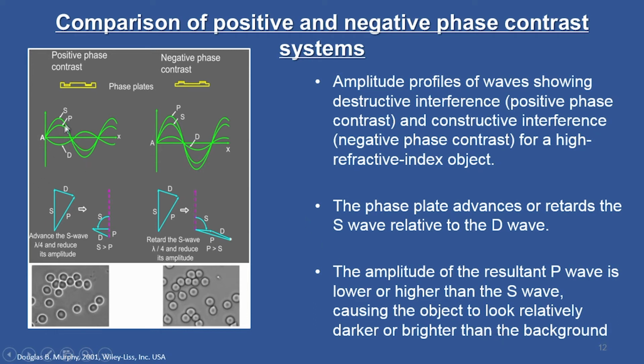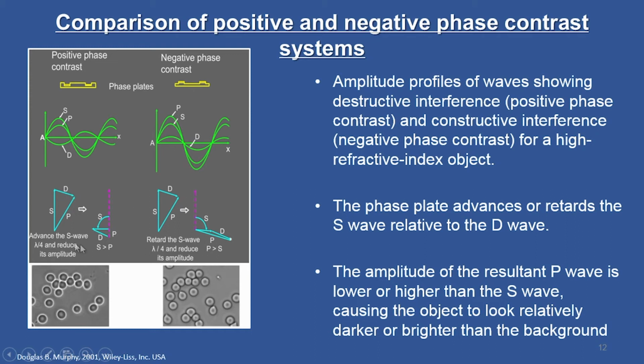So, you can see this in this wave diagram. In the positive phase contrast, the S wave is being advanced, and in the negative phase contrast the S wave is reduced.